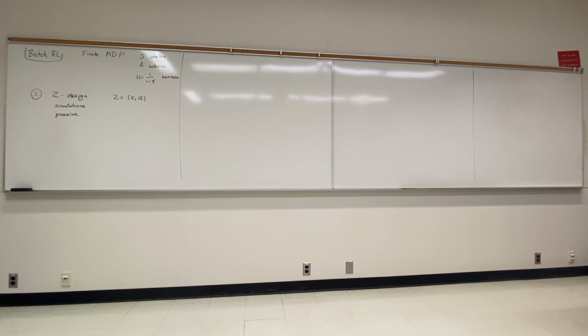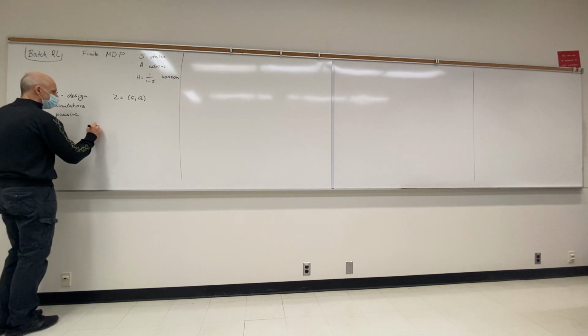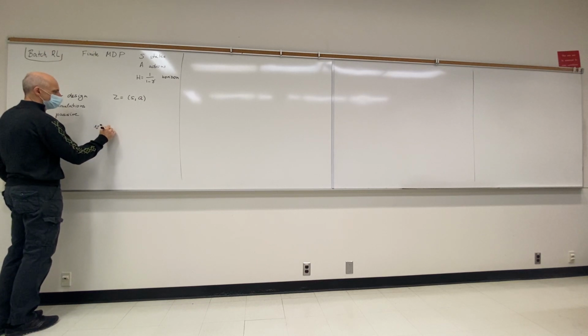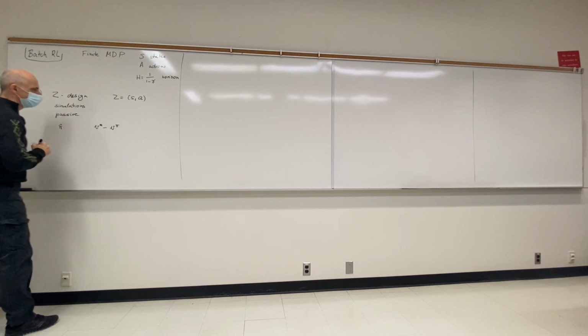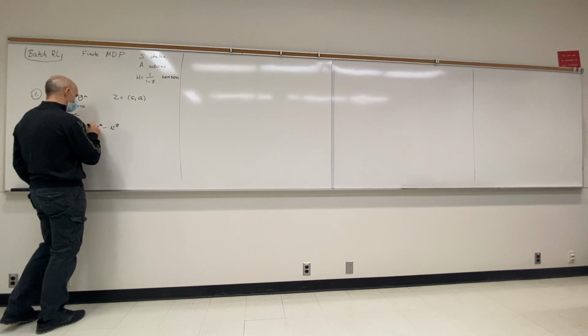You can get those samples, collect them, and then you need to estimate a policy. So let's say your output is pi hat, then you care about how much is lost compared to the optimal value by this policy.